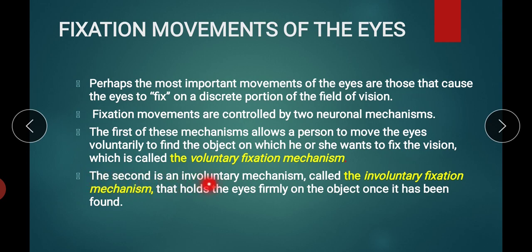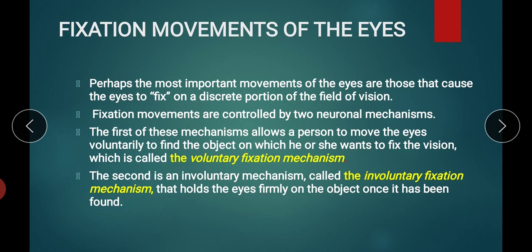The second is an involuntary mechanism called the involuntary fixation mechanism that holds the eye firmly on the object once it has been found. So once we have found our object of interest, when we want to keep our focus on that object, that continuous focus is maintained with the help of the involuntary fixation area.